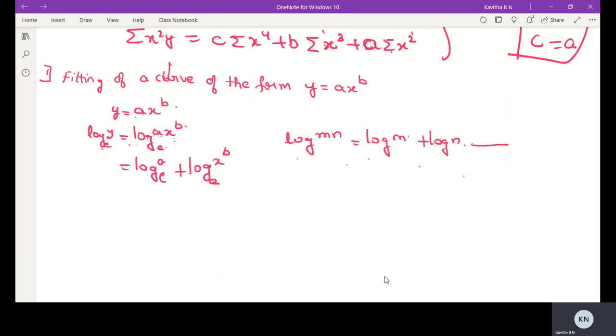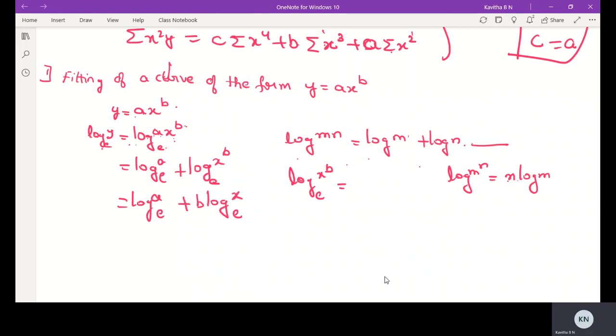Then we apply the formula log m to the power of n can be written as n log m. That means log a base e plus b log x base e.